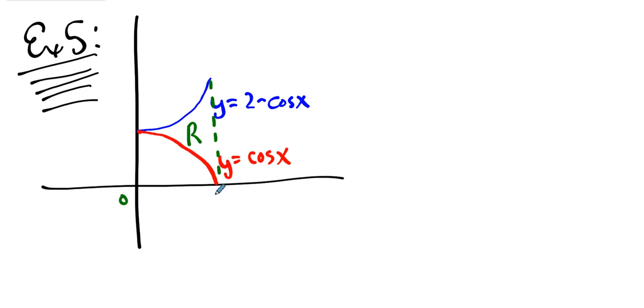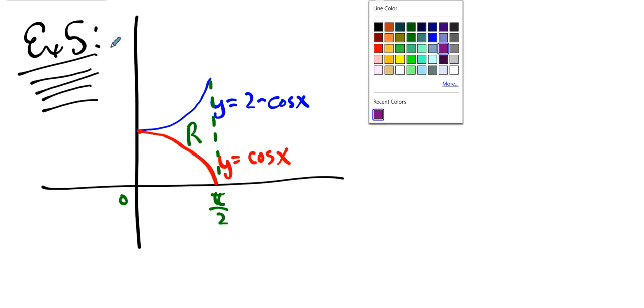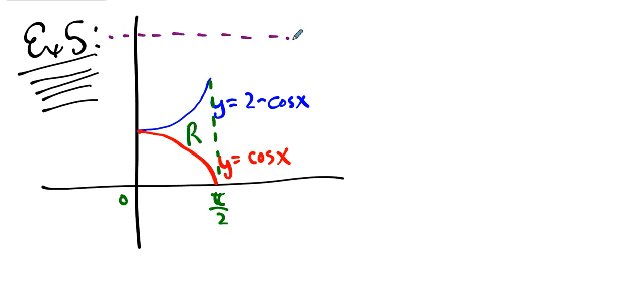From 0 to, this had better be pi over 2, right? Because cosine x hits the axis at pi over 2. This is the region. Let's revolve that region about y equals 3. Let's make that the axis of rotation for this example.